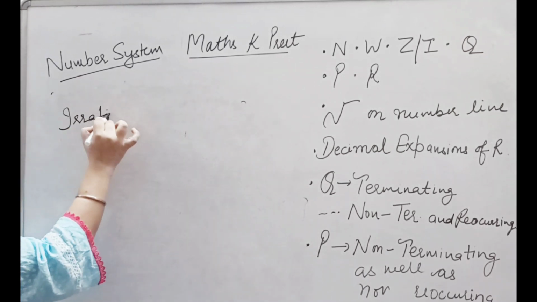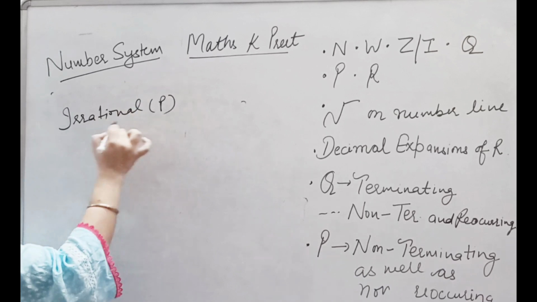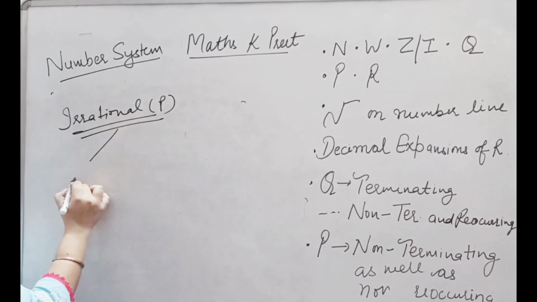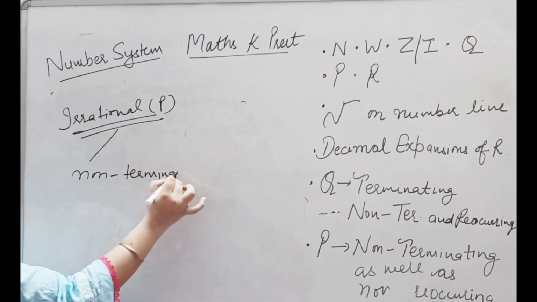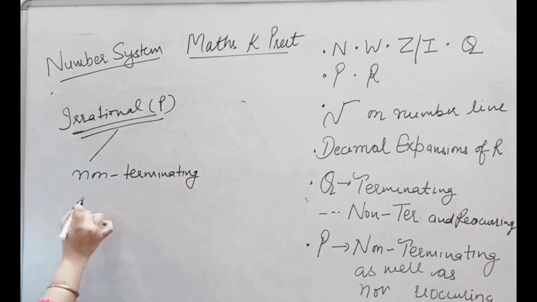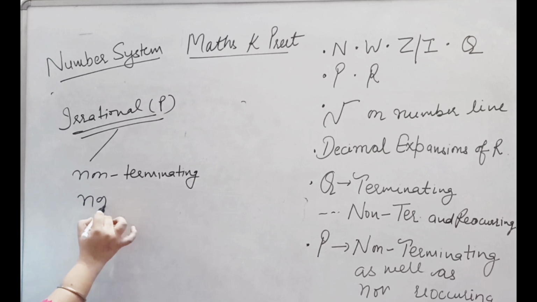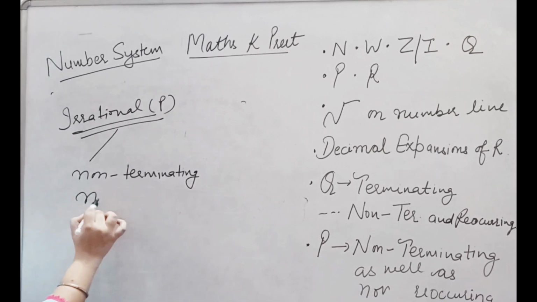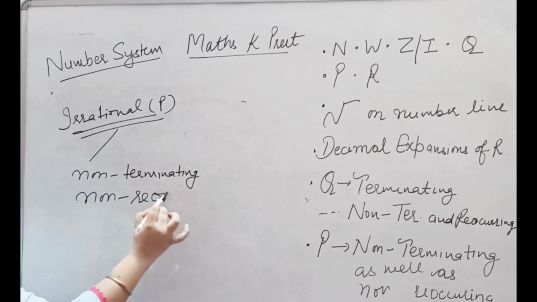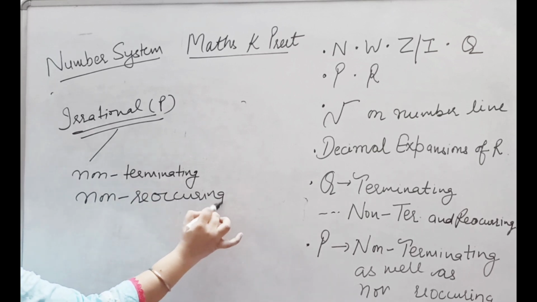irrational numbers says these numbers are non-terminating and non-reoccurring. Non-terminating, non-reoccurring.